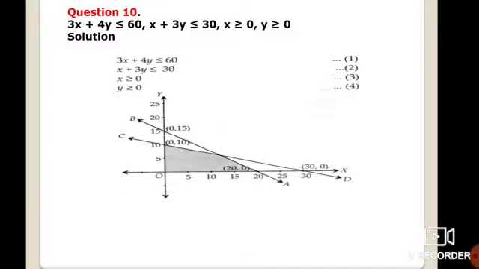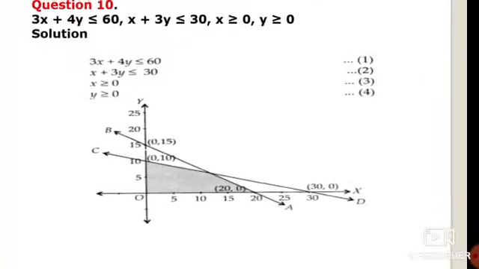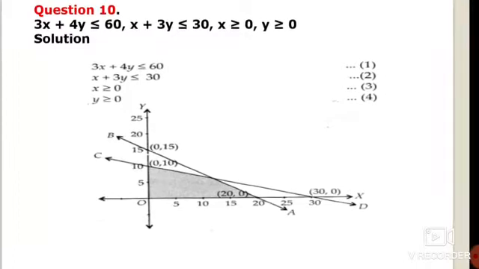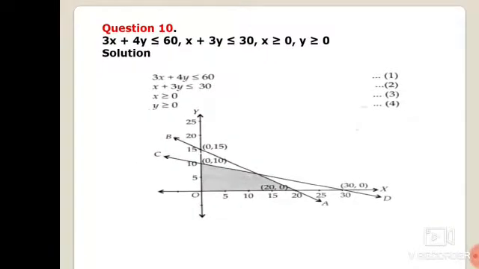Here also plot the points for 3x plus 4y equal to 60 and x plus 3y equal to 30 on the graph. Draw the line. Substitute 0, 0. You will get 0 less than 60 and 0 less than 30. The condition is true, so you have to shade towards the origin and shade the common portions.